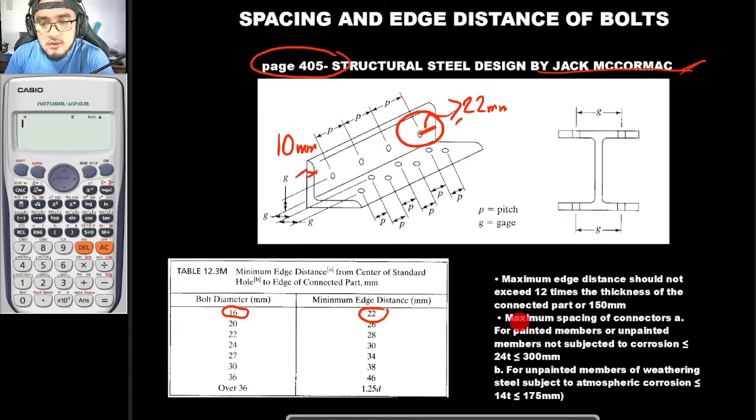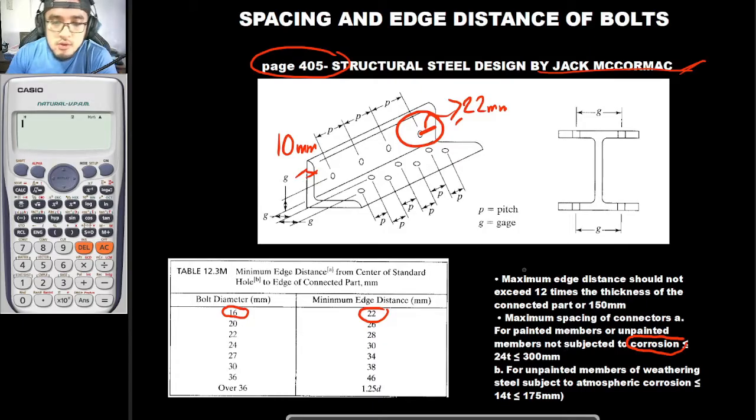And for this second one right here, the maximum spacing of connectors for painted members or unpainted members not subject to corrosion is to be less than or equal to 24 times thickness and 300. In Tagalog, corrosion is yung pangangalawang. So when your members are painted or not subject to corrosion, these are to be your maximum spacing of connectors.